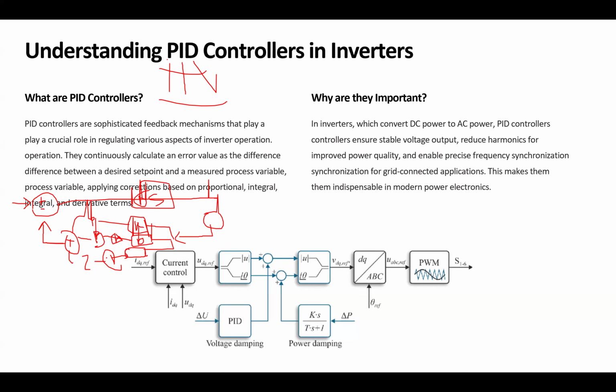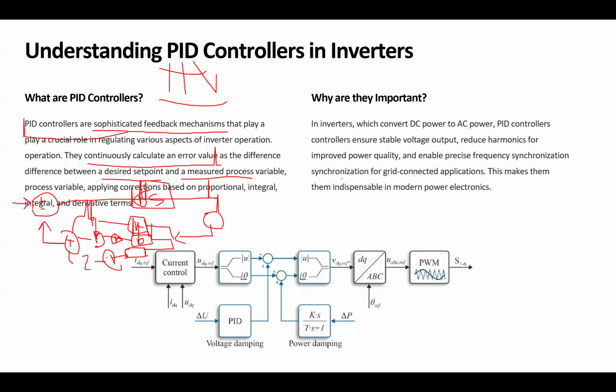Why are they important? Because if we want to convert DC power to AC power, and we want to ensure we have a stable voltage, we want to reduce our harmonics, all those things. But more importantly, we want to address the grid demand because we are load to supply. We need a control system that continuously, in real time, measures the output of our system and tracks what we need to meet our desired value, which is the terminal of the grid.